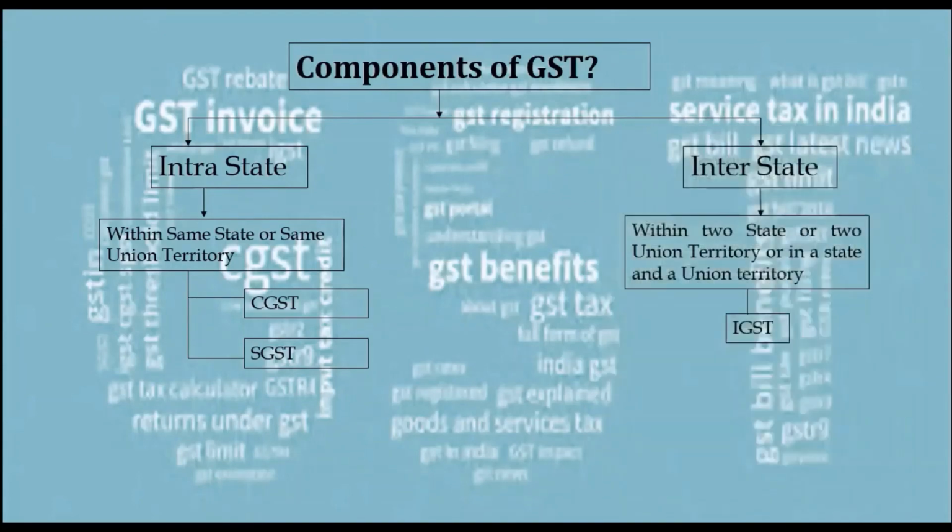For example, CGST is 9%, SGST is 9%, then IGST will be 18%. CGST, central GST, will go to the center, SGST, state GST, will go to the state, and IGST will be segregated between the center and the state.